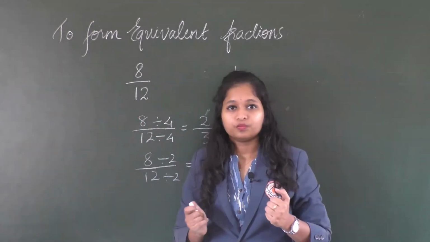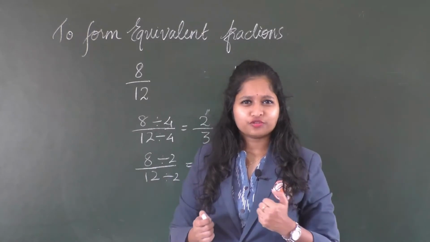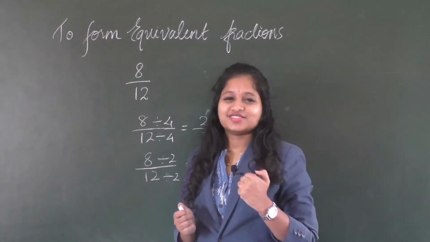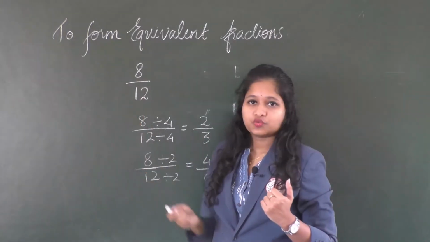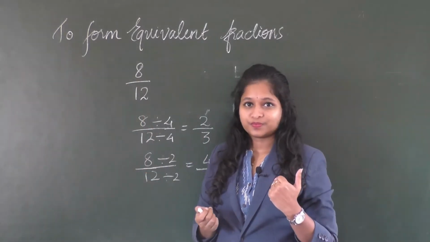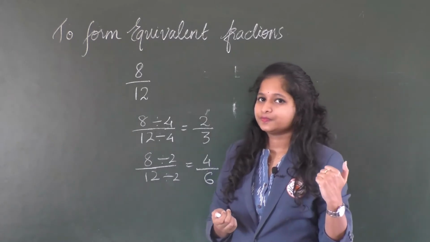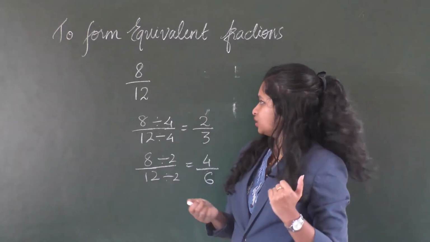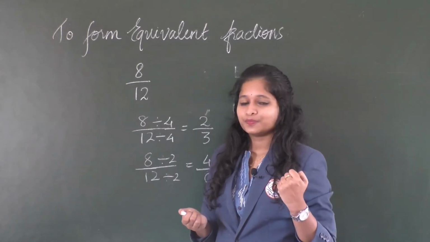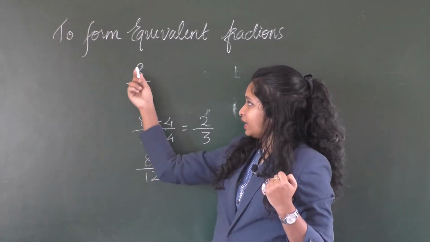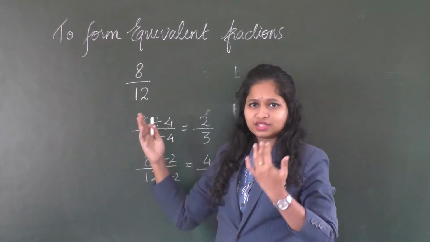So children, I have one more question here. 8 by 12. Let's form equivalent fractions of 8 by 12. Yes. So, here 8 and 12 have common factors, isn't it? What are they? 1, 2, 4, isn't it? So, if you divide 8 and 12 by 1, we get the same.